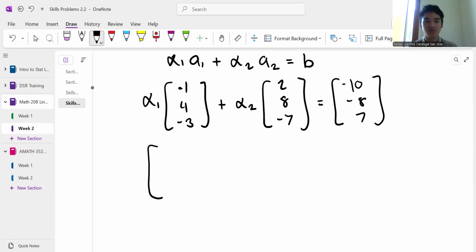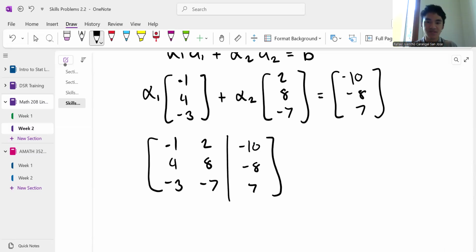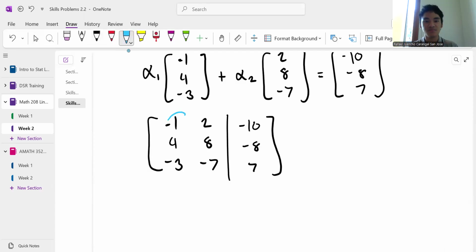I would convert them to what we call an augmented matrix. So an augmented matrix is basically getting all of the coefficients in one spot from a linear system, right? Then here's our solution. So our B vector is here, and our A sub 1, A sub 2 are here.